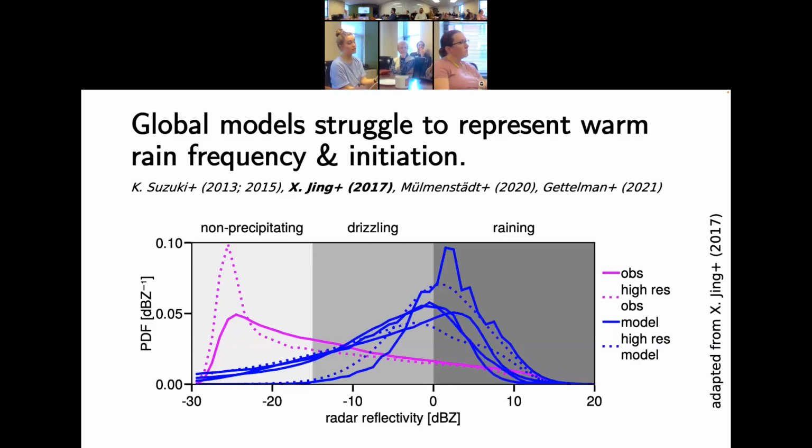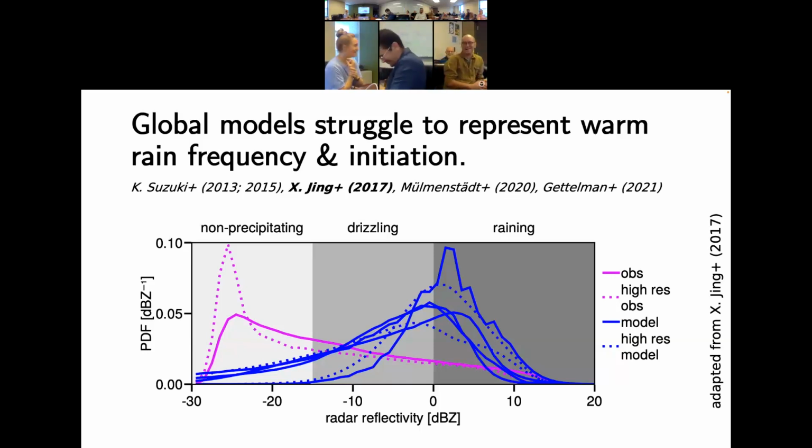And here's what the equivalent radar reflectivity in the models looks like. So regardless of the exact framing of this drizzle problem, something we can fairly confidently say is that a lot of these models basically don't make clouds that don't rain at all.